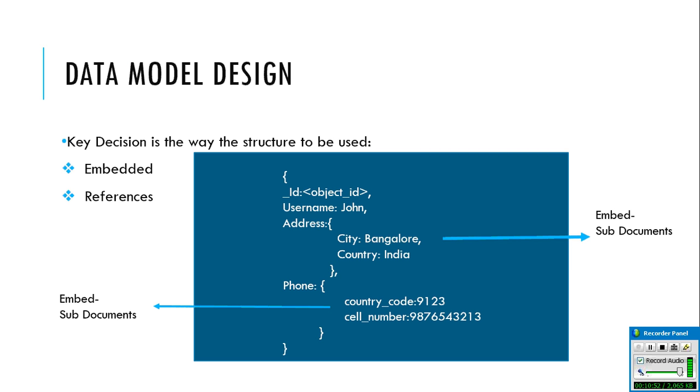Now what you have to see over here is that this is your embedded approach on the screen. There is not a single choice you should always make. Which choice you make depends on a particular application's needs and performance requirements. Based on that, you approach a particular design structure.